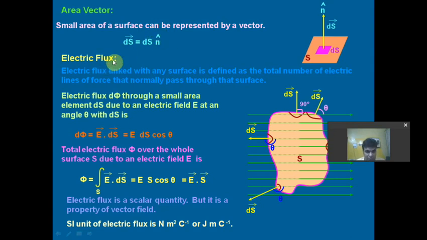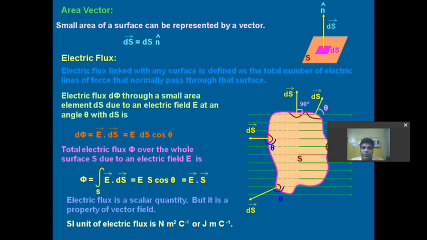So we have represented area in the form of a vector. Area ds basically represents a smaller surface area, and n cap is the unit vector along this ds vector. And now we come to the electrical flux.